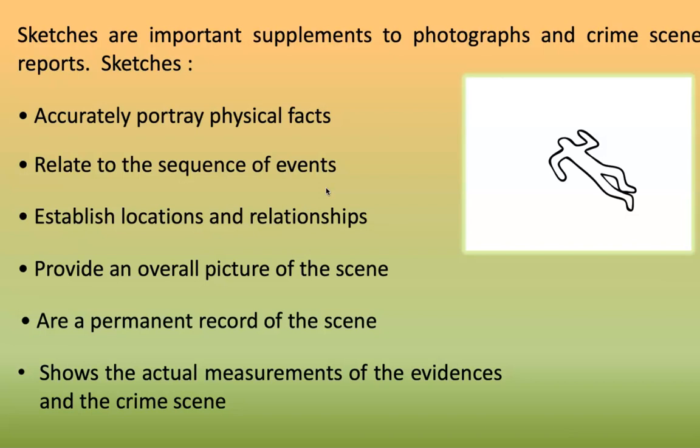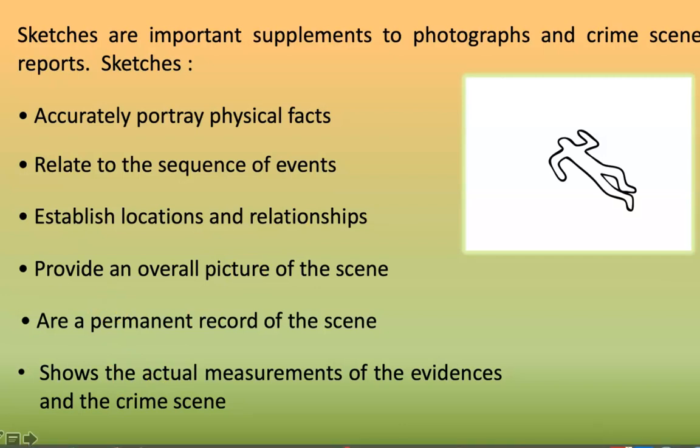If you take only a picture of a footwear impression, you cannot say in which direction it is moving. If you have taken an overview photograph, let's say an aerial photograph, then you can say somewhat. But in sketching, it is very clearly mentioned in which way the footwear impressions were going, whether inside or outside. It also helps in establishing the location and the relationship of the evidences.